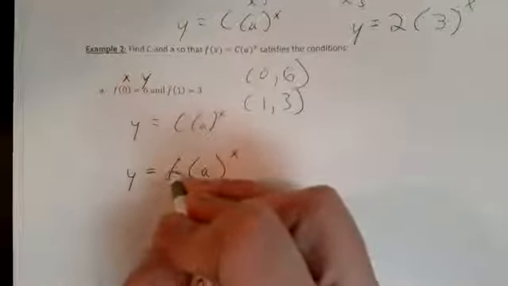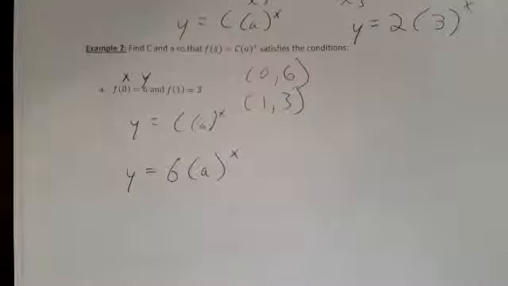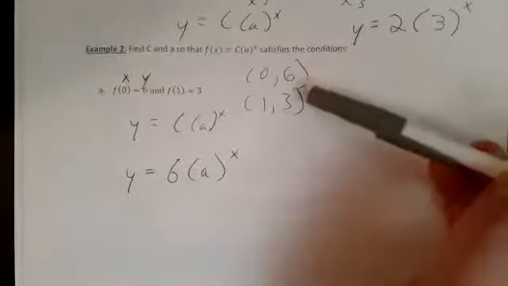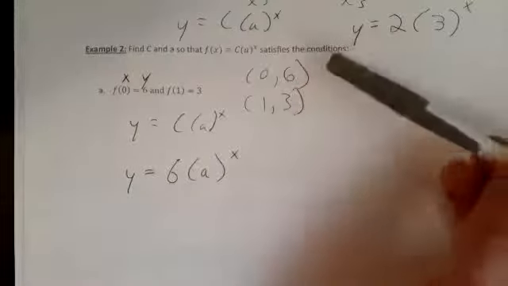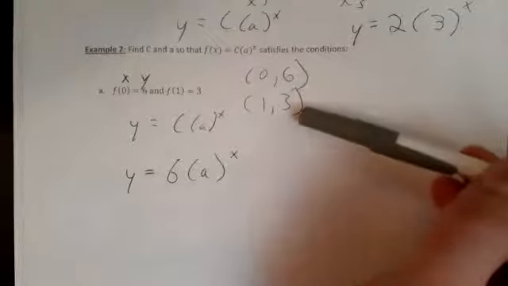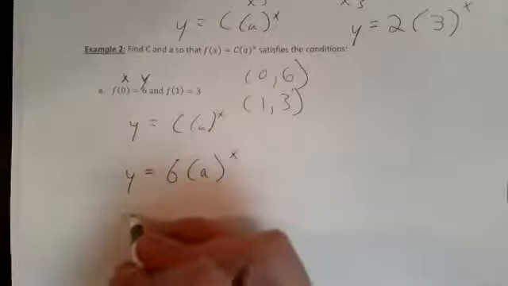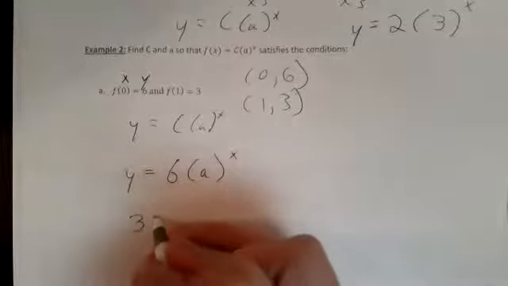Yep, that's 6, coming from the (0, 6). And then we want to fill in A. And so we've already used this one. If we want to figure out A, the next thing to try would be this one. So if we try this, my y is going to be a value of 3.